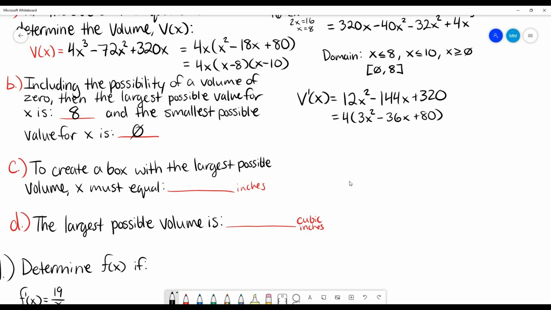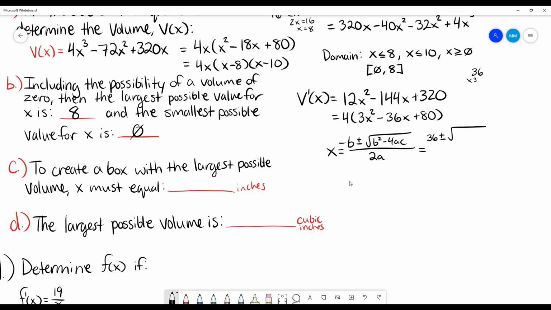I think we have to use the quadratic formula for that, which is unpleasant, but that's okay. Remember, our quadratic formula is as follows, where A is this, B is this, C is this. So that's going to be a negative 3. And it doesn't change that I factored out that 4, or it shouldn't in this case anyway. So negative b, well, my b is already negative, so it's just 36, plus or minus the square root of whatever 36 squared is.